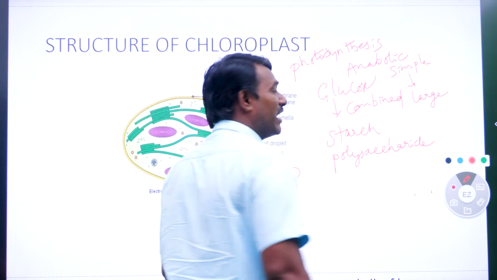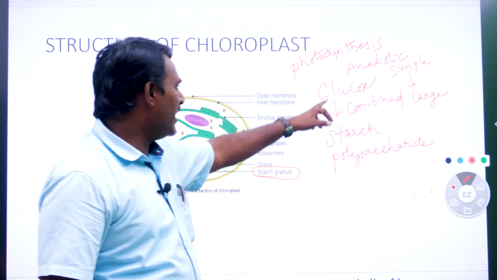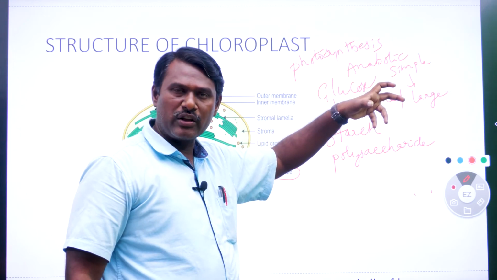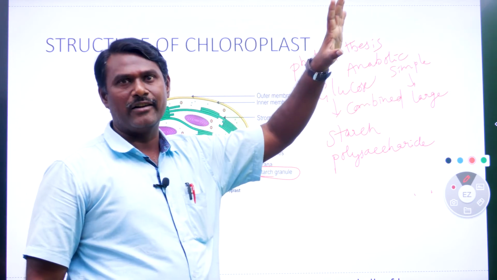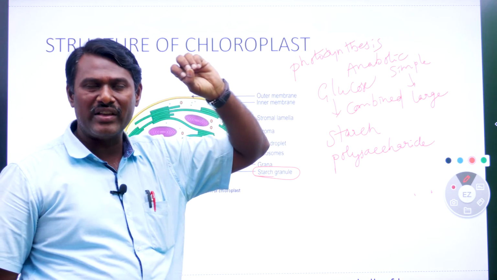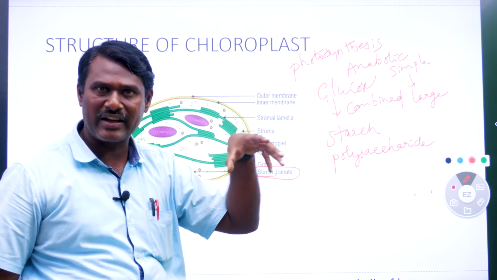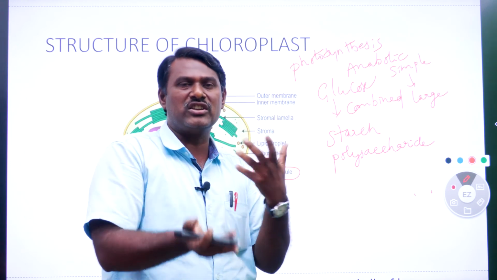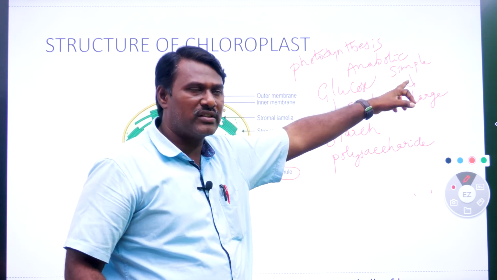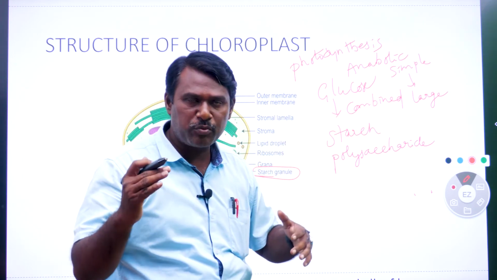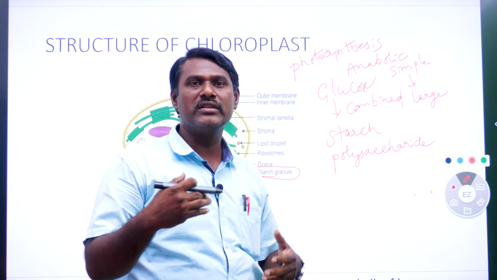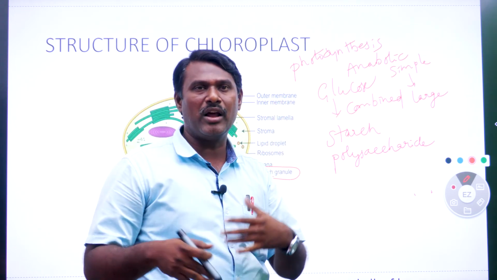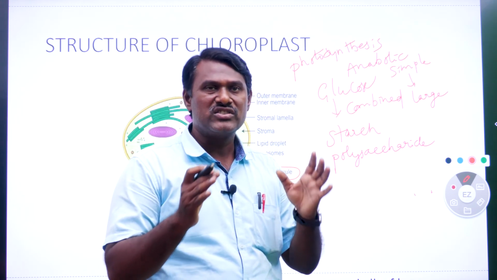Here glucose is the monomer, the monosaccharide, one of the end products of photosynthesis. These glucose molecules combine together to form a large molecule called starch. So simple molecules are converted into a large molecule. This process we call anabolism or an anabolic pathway, which is one of the metabolic pathways. So this is about the structure of chloroplast.